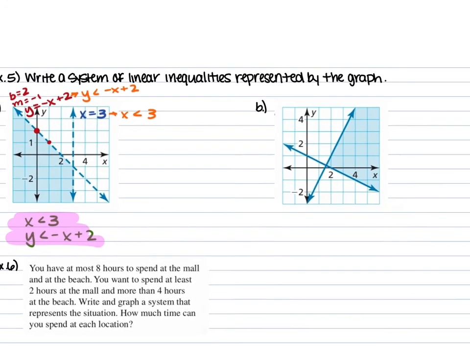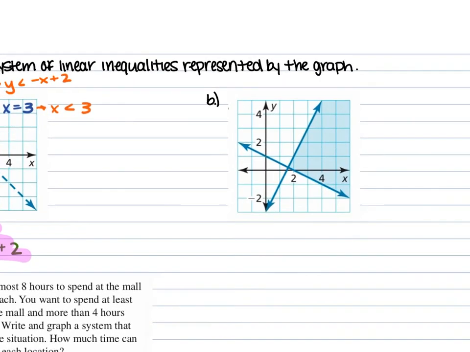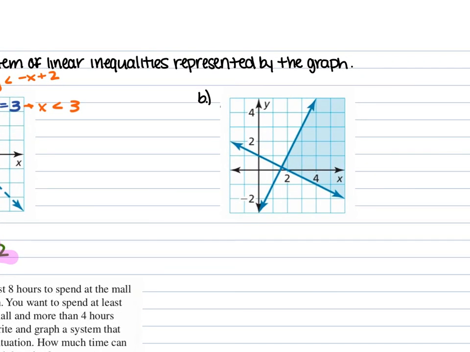For example B, these two lines, we're going to work with the line that has the y-intercept at 1. So our b value is 1. Our slope, we're going down 1 to the right 2. So it's negative 1/2. That's giving us y is equal to negative 1/2 x plus 1.